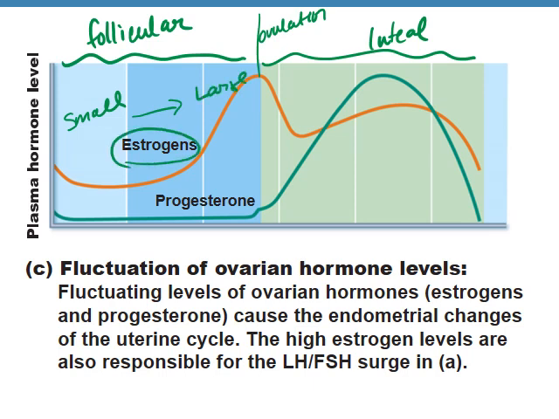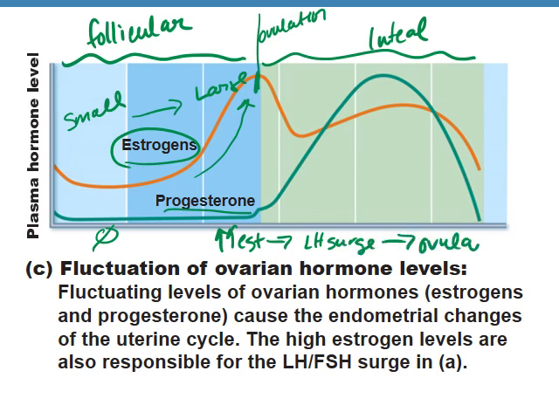What happens? Increase in estrogen. Notice that progesterone is pretty low. Ovulation occurs right when your estrogen is at its peak. Remember, we said that increased estrogen is what signals that LH surge, which is then what signals ovulation.